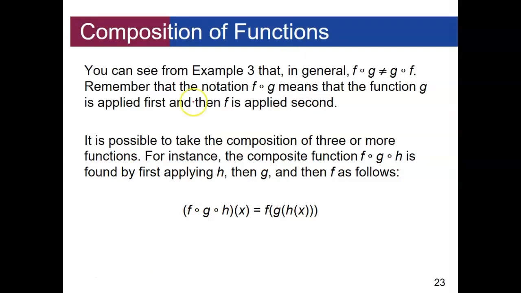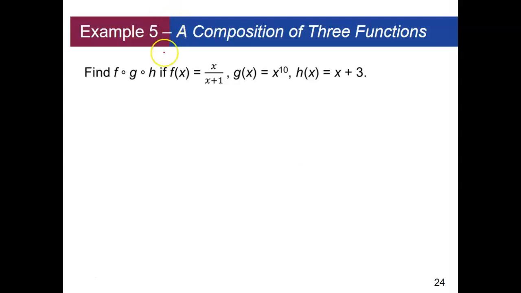Okay, so we can combine more than 2 functions together, which is what we've been doing, and this would be combining to get 3 composite functions. So on this one, I'm going to start with h and put it into g, and I'm going to put that g into f. So starting with h, putting it into g, I'm going to have x plus 3 to the 10th.